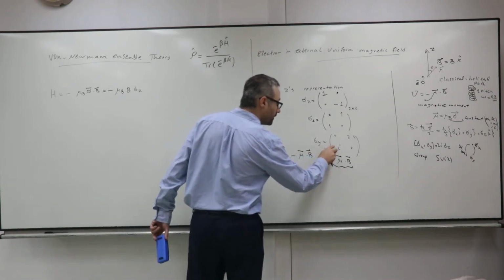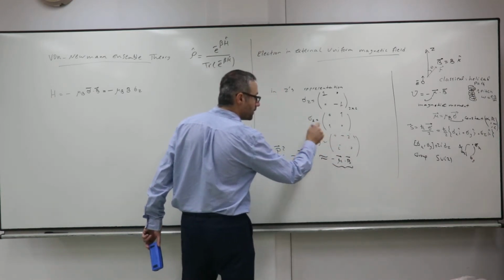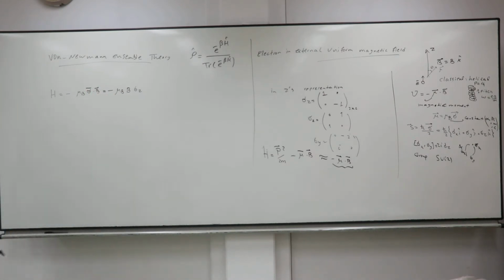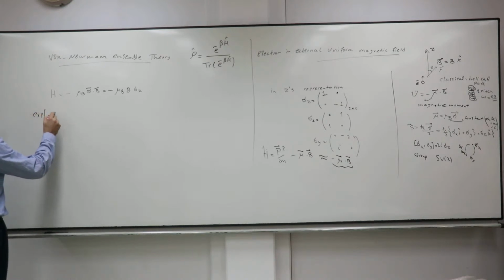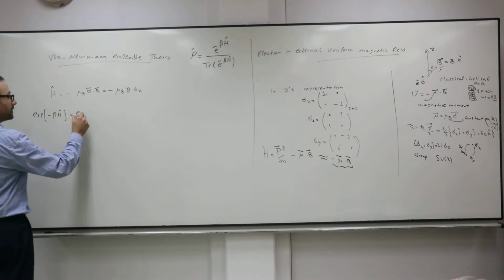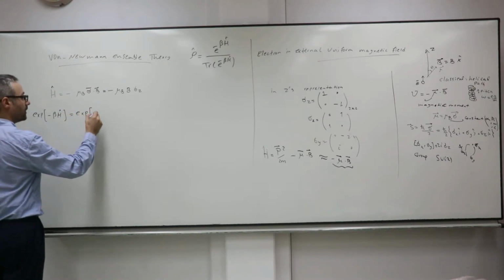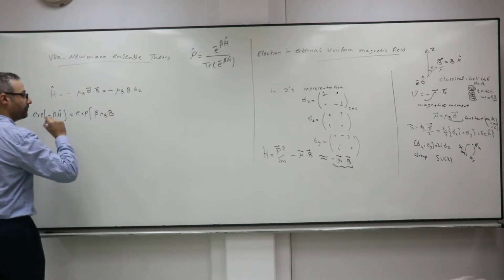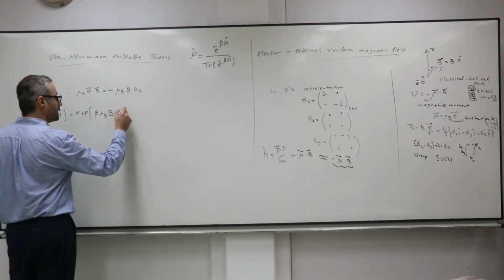This is sigma y, it should be minus i here, not i. So the challenge now is to write the expression of minus beta H, the expression of beta mu_B B sigma z.